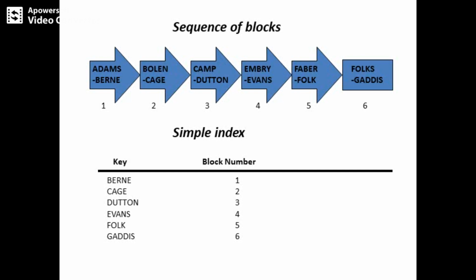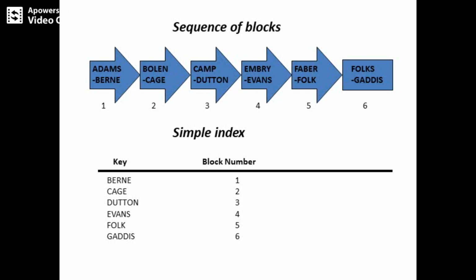And then in one single block you can see different records. Here they have mentioned Adams to Burney record. That means you will have a number of records in between, but the first record key is Adams and the last record key is Burney.